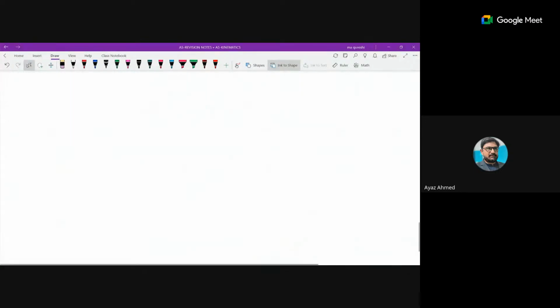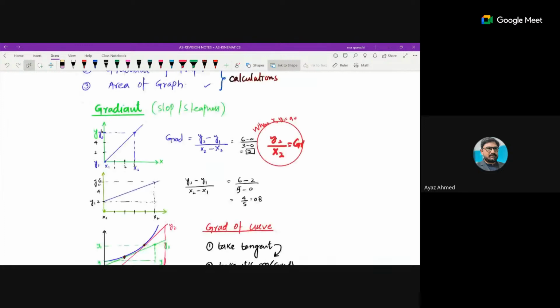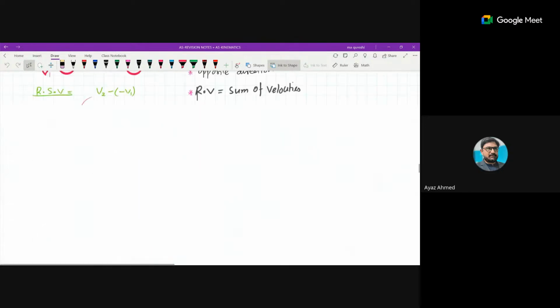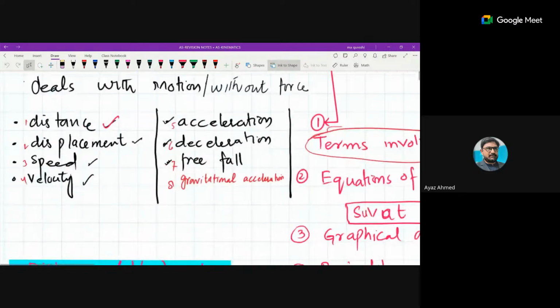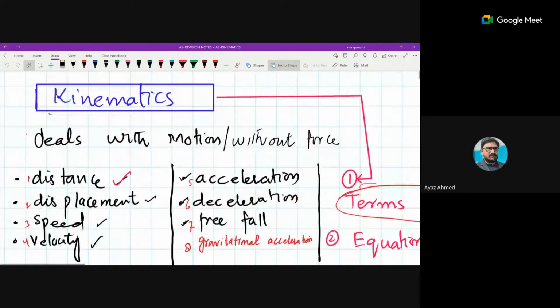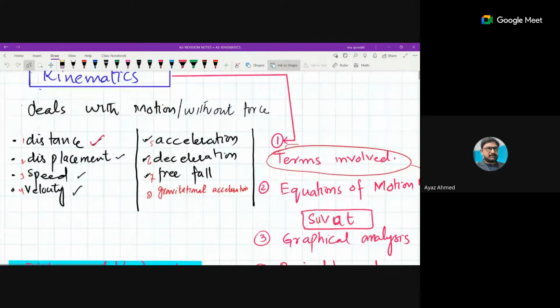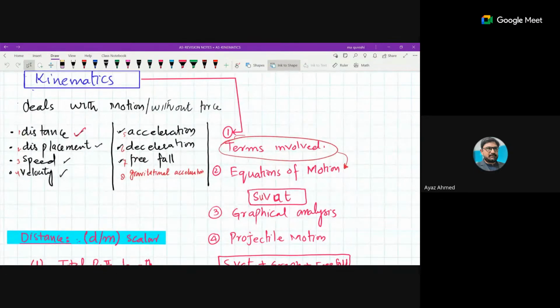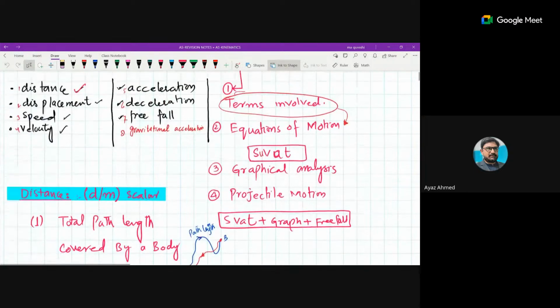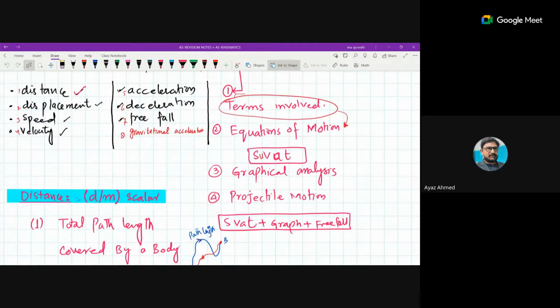Okay, so when we talk about kinematics, for your quick review, as I have earlier told you, we will divide this topic into three main categories. That is basically the motion, some equations of motion, some terms involved, then graphical analysis, and then projectile motion. In that one, I will add the free fall as well.